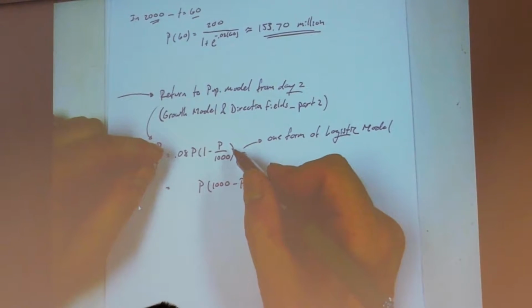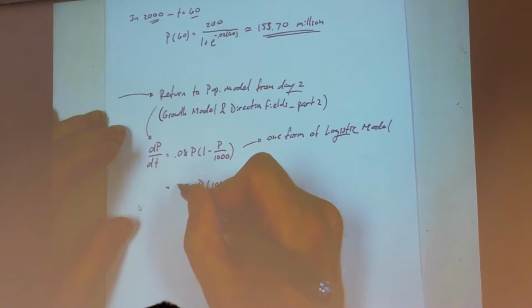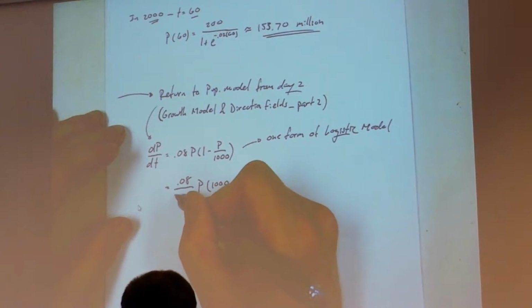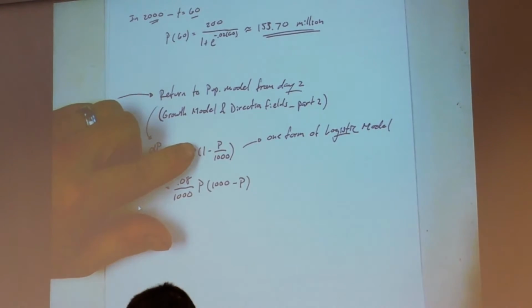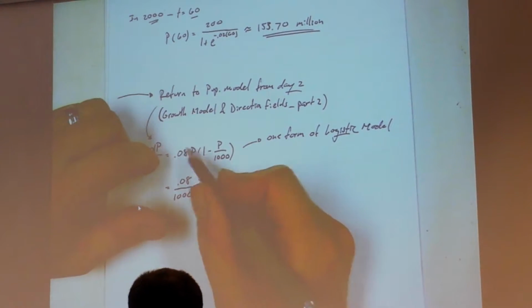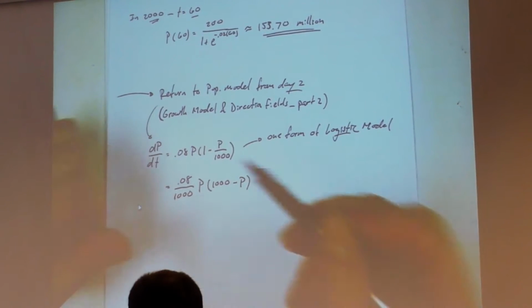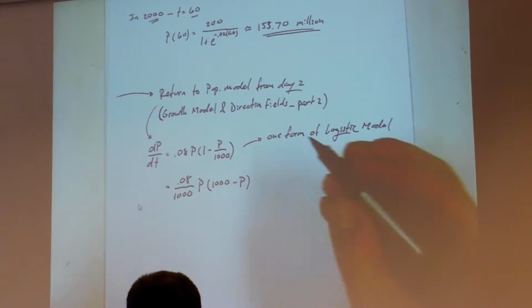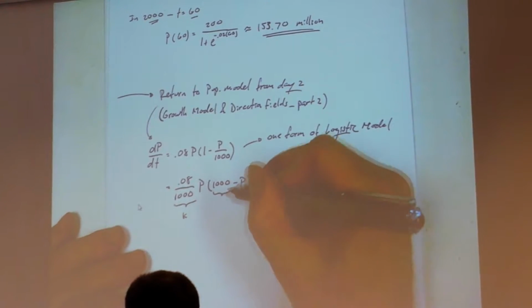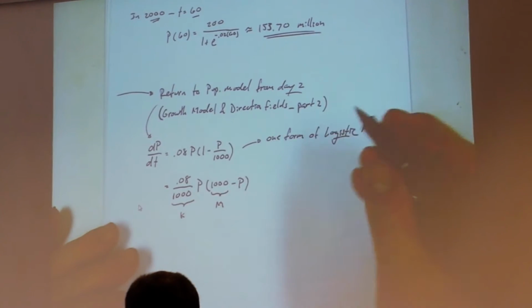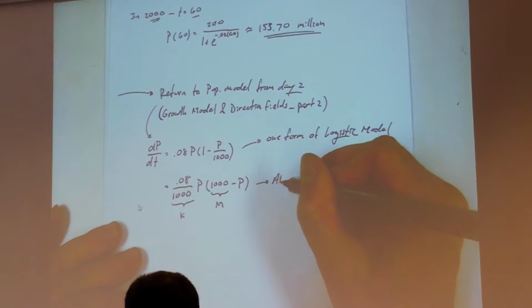Net effect is we're just multiplying by 1. I've multiplied the inside by 1,000, that expression, and divided by this factor by 1,000, net effect multiplying by 1. So this would be our K. This is our M that we were talking about before. This is the alternate form.